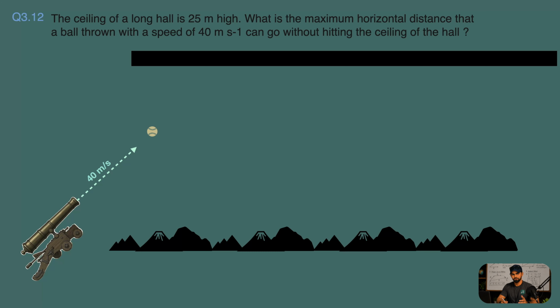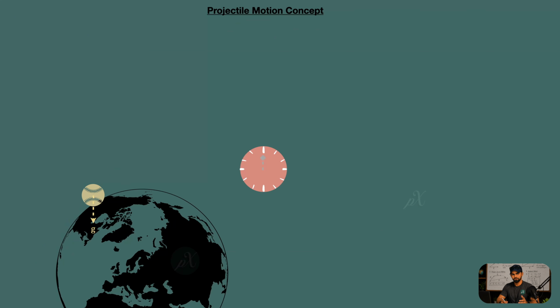We have to throw the ball as far as possible without hitting the ceiling. So we'll try launching the ball at different angles and see at which angle it travels the maximum horizontal distance without touching the ceiling.